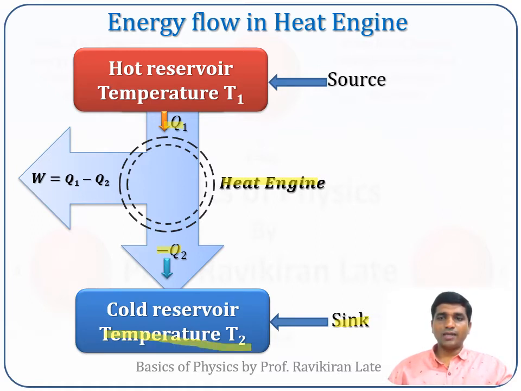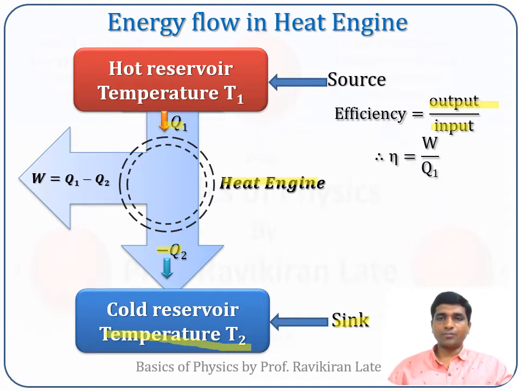So in any kind of heat engine, the efficiency is nothing but the output amount of work we get for a given amount of heat supplied to the system. So eta, that is the efficiency, can be written as W upon the amount of heat provided. In this case it is Q1, so it is W upon Q1.